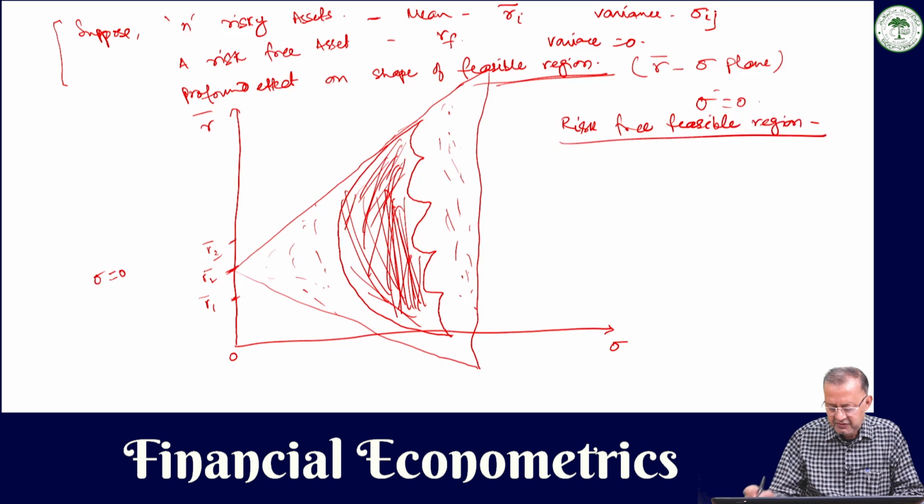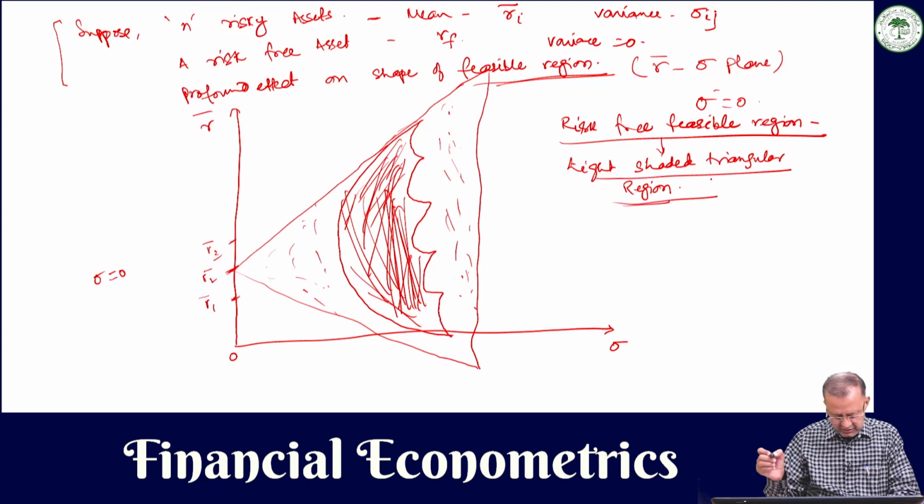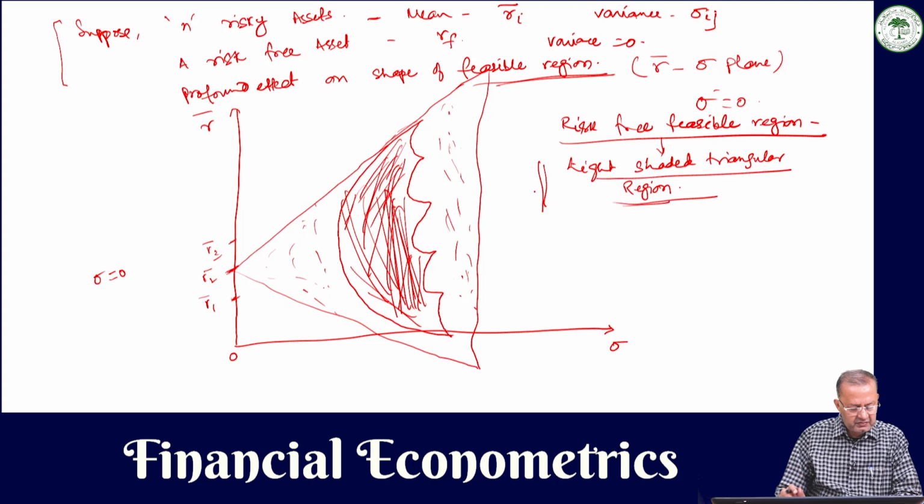So your risk-free feasible region will be decided by this light shaded triangular region. So this is the risk-free feasible region.